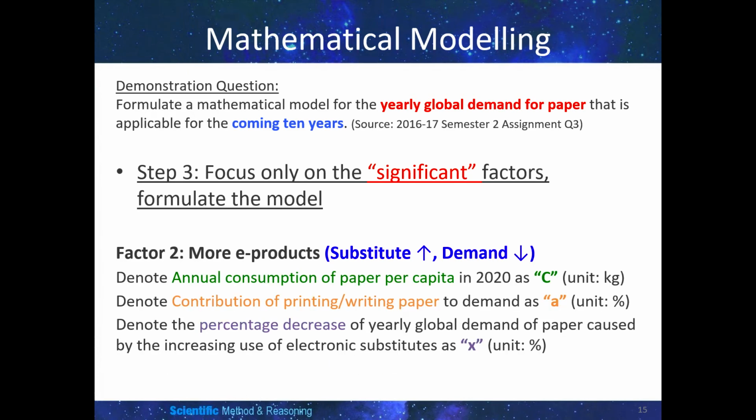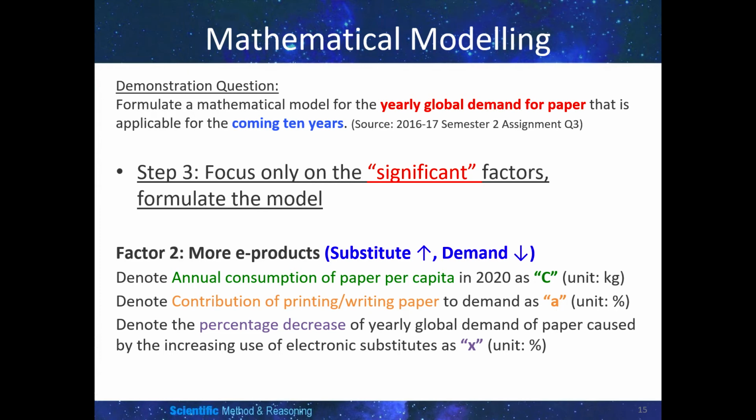Again, we will need to have clear denotation. Denote annual consumption of paper per capita in 2020 as C. Unit is kg. So it means the annual consumption of total paper, all three categories add up together. And per capita means per person. And then we denote contribution of printing or writing paper to demand as A%.